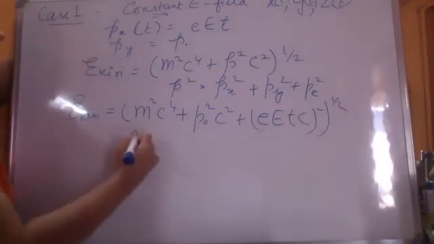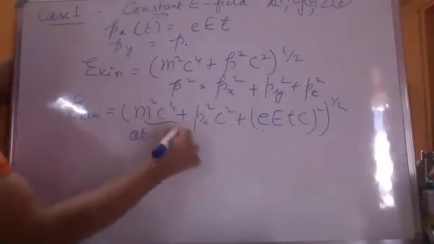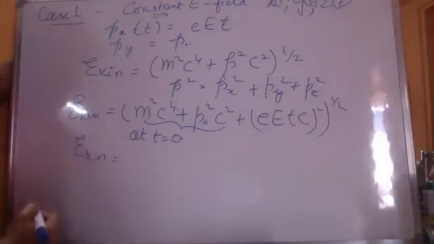Right? Now at time t equal to 0, this is my initial kinetic energy. It is some constant, so let's call it E naught.